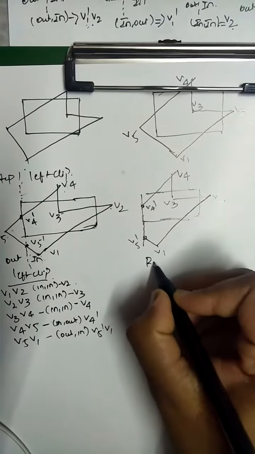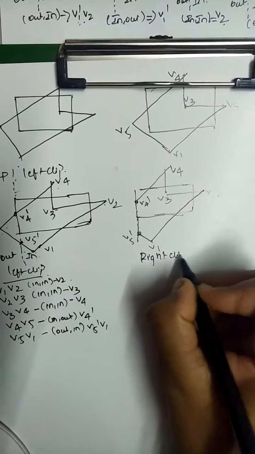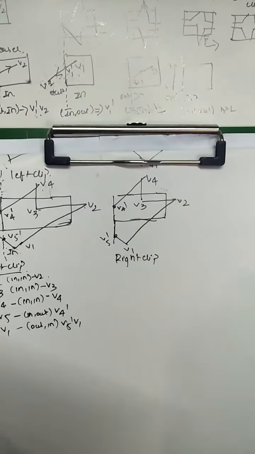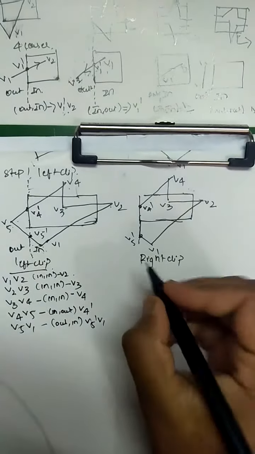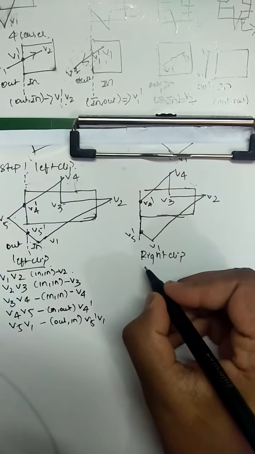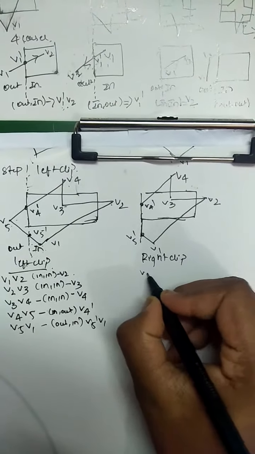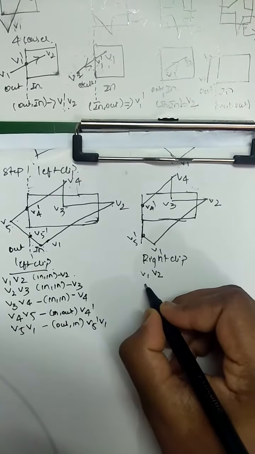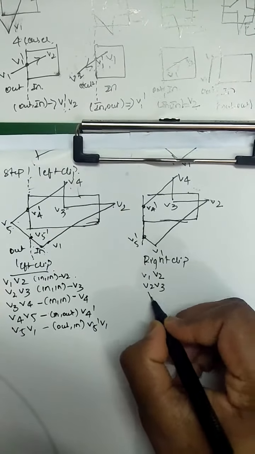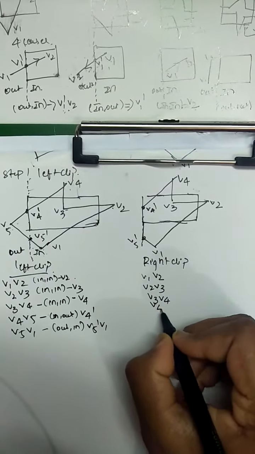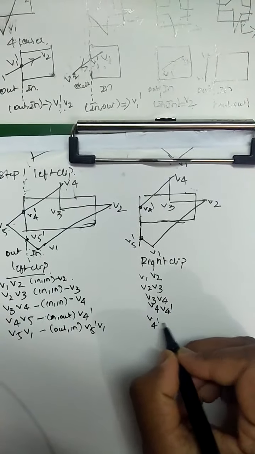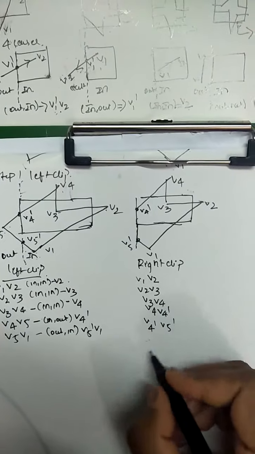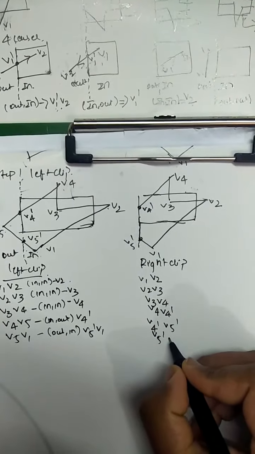So let's take the right clip operation now. So what happens? For the right clip, take all the edges, that is v1, v2, v2, v3, v3, v4, v4, v4 dash, v4 dash, v5 dash, v5 dash and v1.